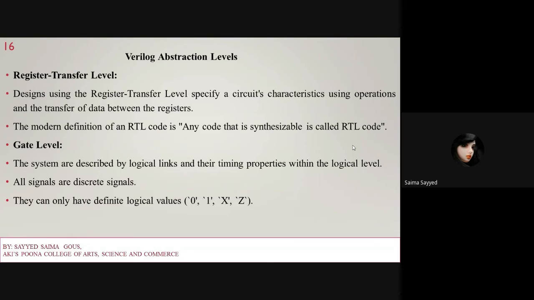So gate level modeling is just a logical description. There are four values: logic 0, logic 1, x, and z, where x means an unknown value and z means high impedance.